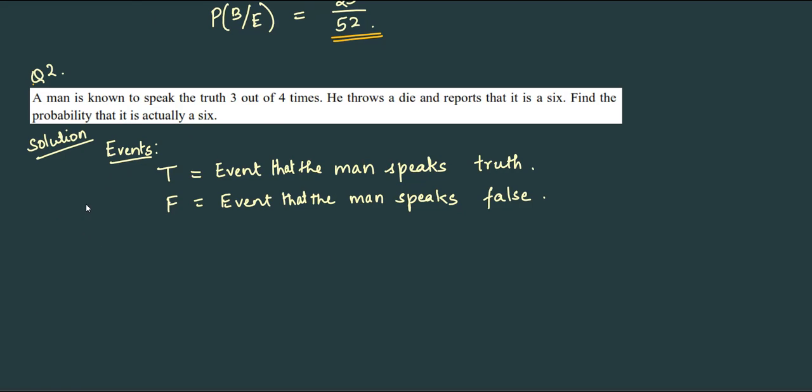Now let's say E is the event that the number 6 appears in the rolling of a die.